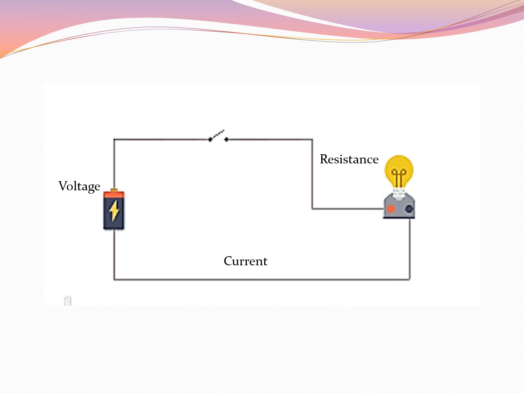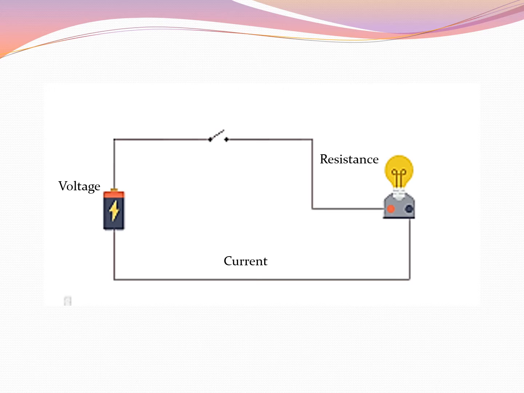Let me explain a little about the voltage, current, and resistance. Here you have the voltage as the main source of energy, or the battery. The flow of electrons goes out from the voltage, driven into the wires. When all this electricity goes out there, it is the so-called current, or electric current.